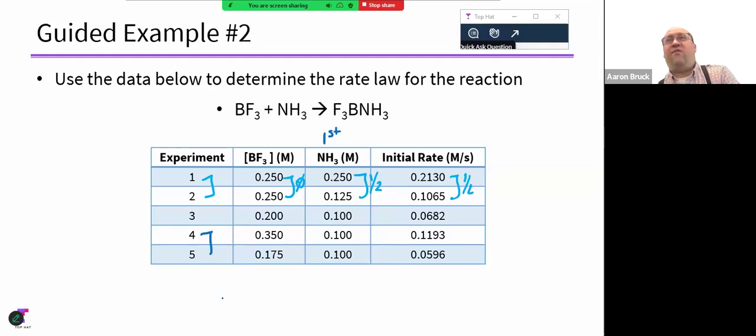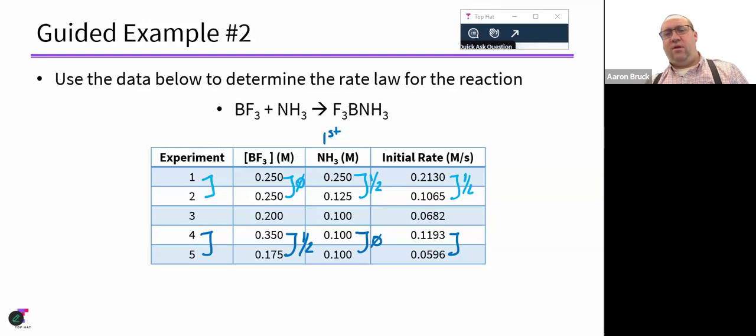I'd say it's between 4 and 5. So I can see that the ammonia is being held constant. The boron trifluoride has been cut in half. And I think that's a half. Let me double check. 0.0596 divided by 0.1193, 0.4995, close enough.